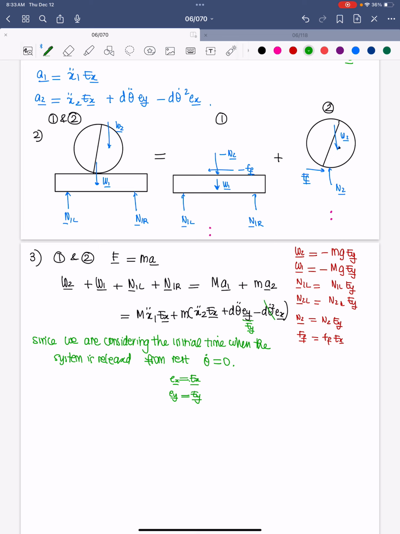So if I project along Ex and along Ey, dotting with Ex, I will get that 0 is equal to big M x double dot 1 plus small m x double dot 2. So notice here that the linear momentum of the system is conserved along Ex.